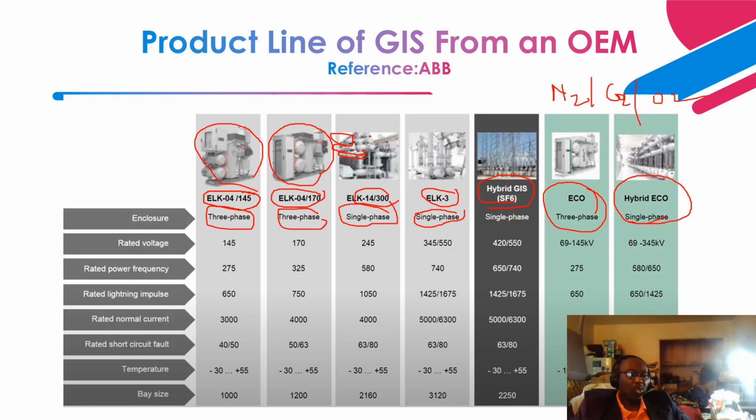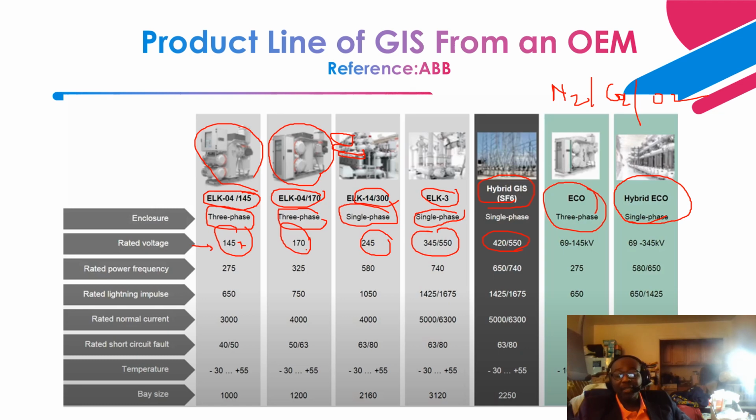Next line talks about the voltage level, the rated voltage that these product lines can achieve. So we have 145 kV, 170 kV, 245 kV, 345, 550 kV, and for the hybrid, it's 420 kV.